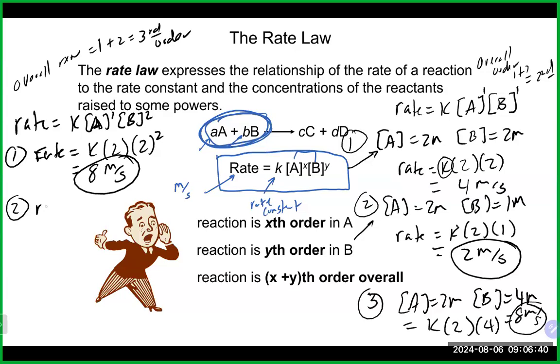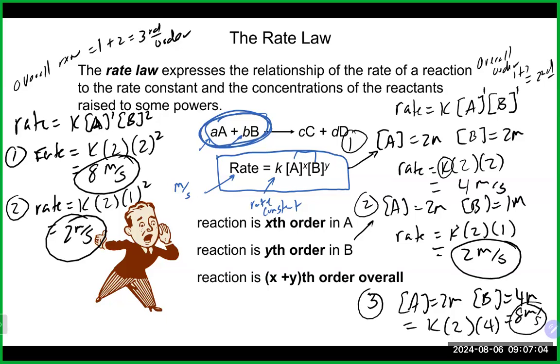So if we cut it in half, we would have 2 times 1 squared. That's going to give me 2 molar per second. In this case, I cut the concentration of B in half, and my rate actually went down by a factor of 4, right? So it went from 8 to 2. So it slowed down significantly.